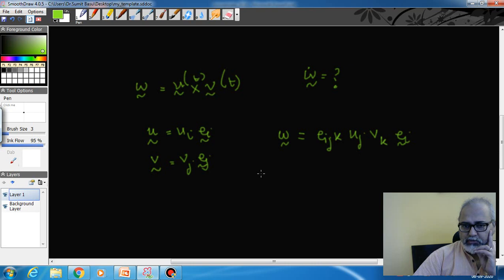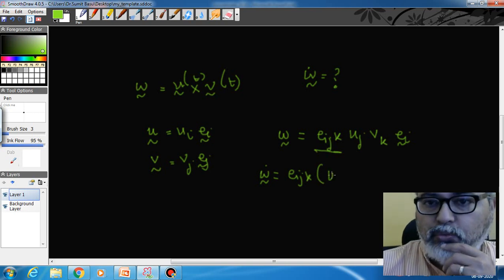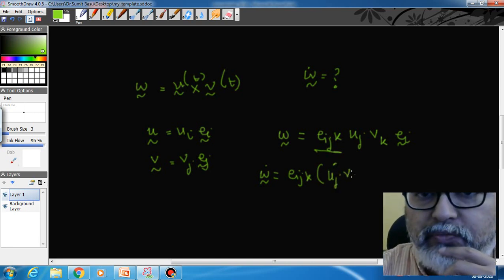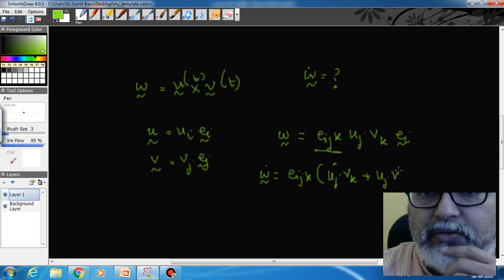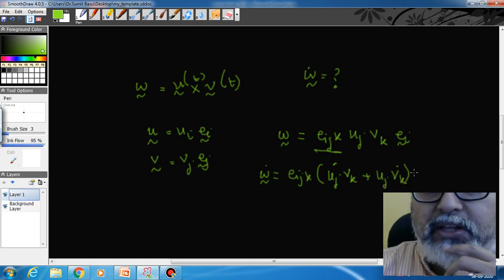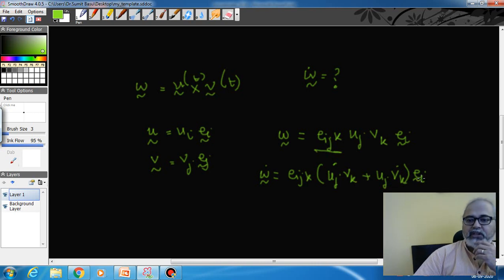Therefore, omega is only a function of time. This is a fixed third order tensor, and this won't get affected by this dot. So we will have epsilon ijk, and then we do uj dot vk plus uj vk dot, and then ei won't be affected by the time derivative.